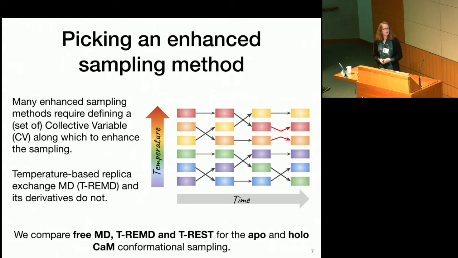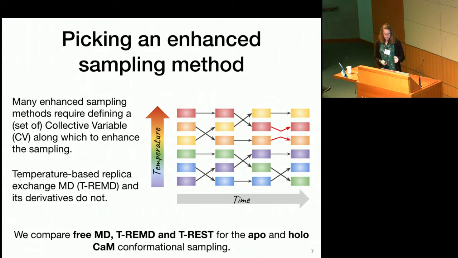So for the conformational ensemble of Calmodulin that we were interested in, we basically wanted to compare free molecular dynamics simulations, just regular MD, temperature-based replica exchange that I just explained, and one variant, temperature-based replica exchange solute tempering, which I'll explain in a minute, which is basically a variant of temperature-based replica exchange, but that has a lower computational cost.